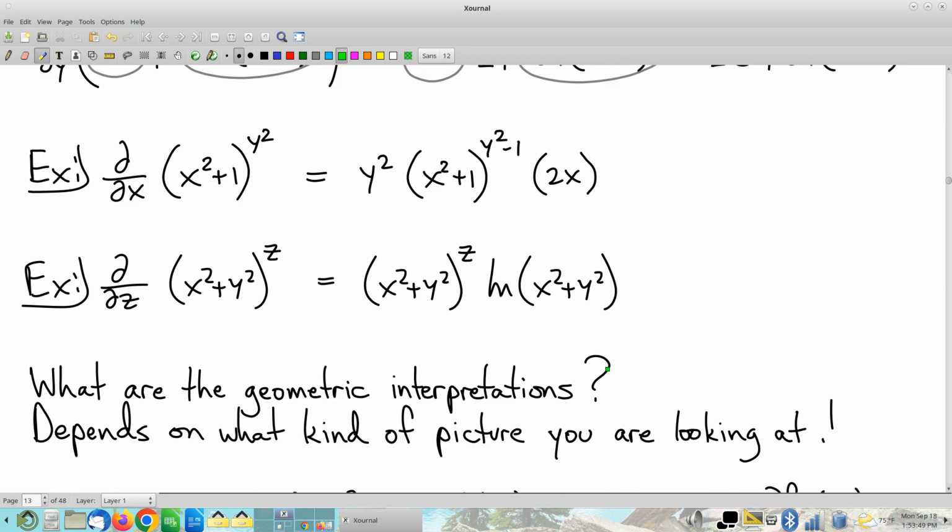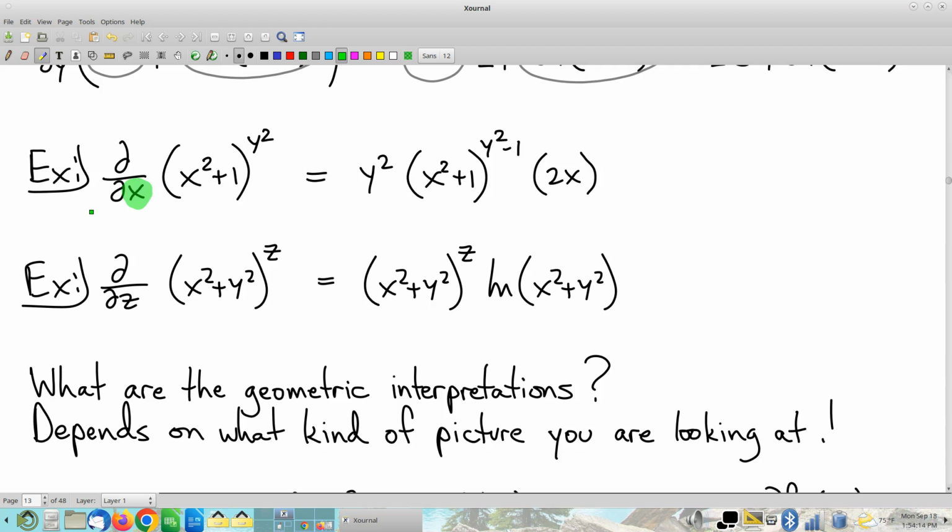A couple other quickie examples. Now you look at this one right here, and it seems like it's going to be a hard problem. Function to the power of a function. I don't know if y'all remember logarithmic differentiation from high school, but at a glance, this kind of looks like it ought to be a logarithmic differentiation problem, but it's not, right? Because we're taking an x partial. That means x is the only variable.